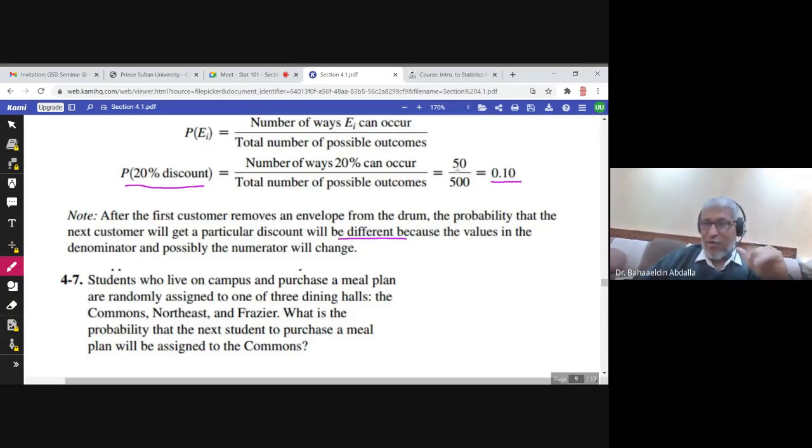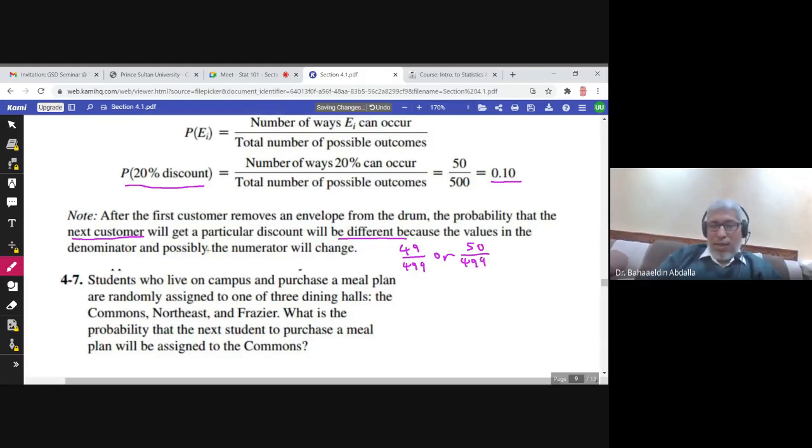So for the second customer, the probability could be 49 over 499 or 50 over 499.